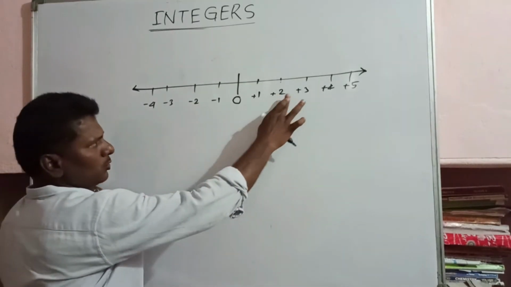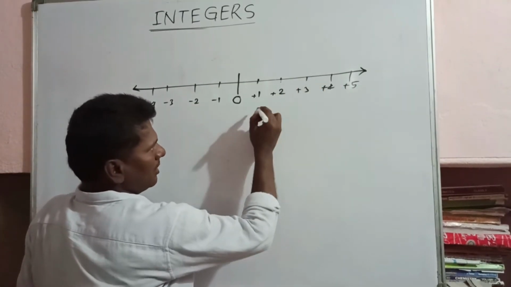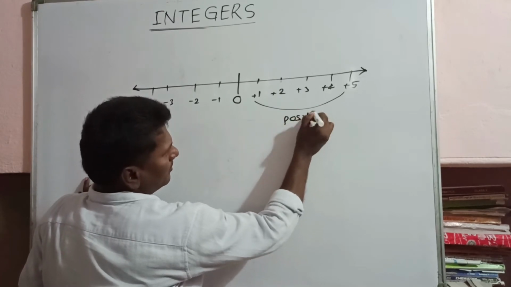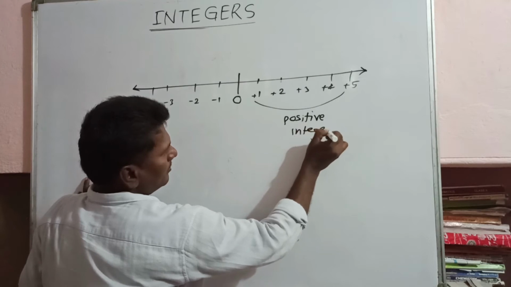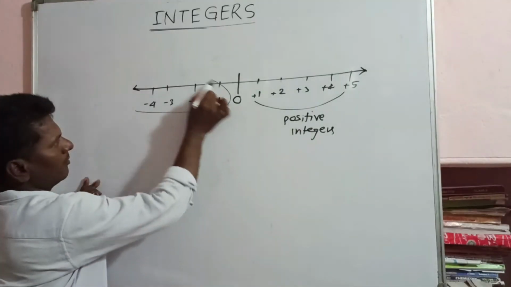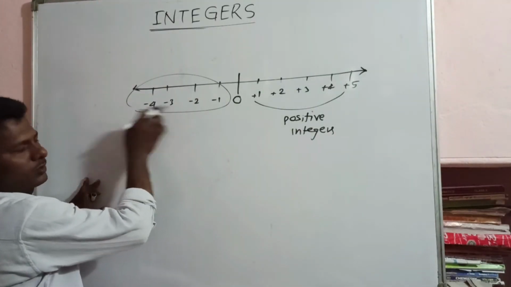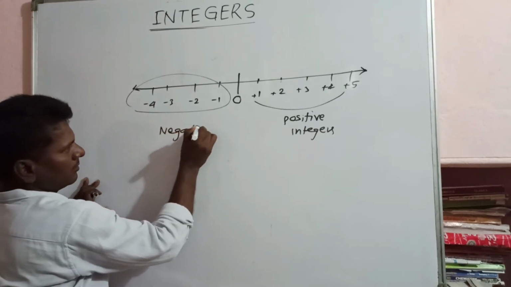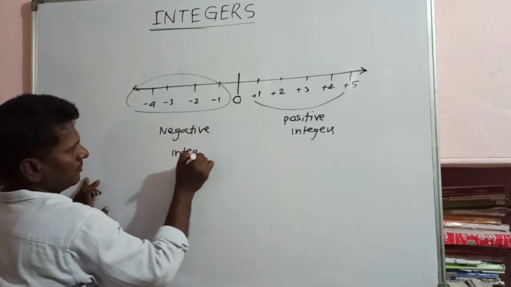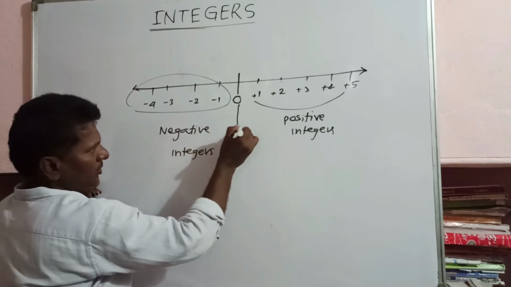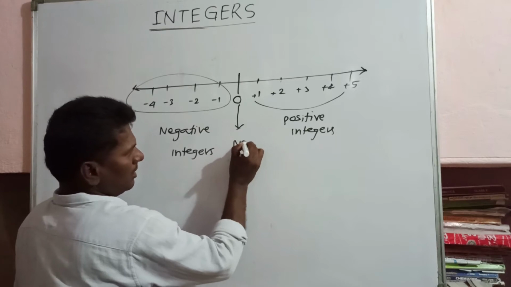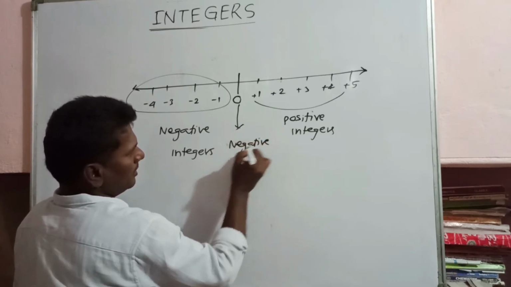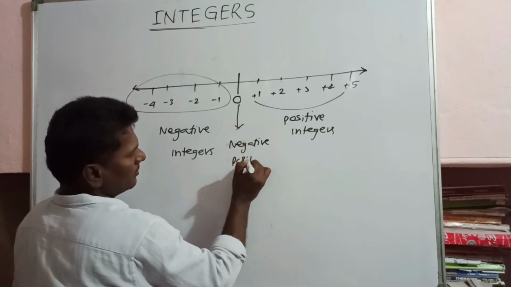So +1, +2, +3, +4, +5 are called positive integers. -1, -2, -3, -4 and so on are called negative integers. 0 is not a negative integer, not a positive integer.